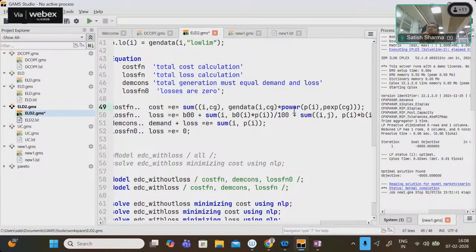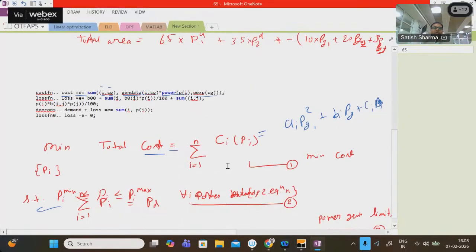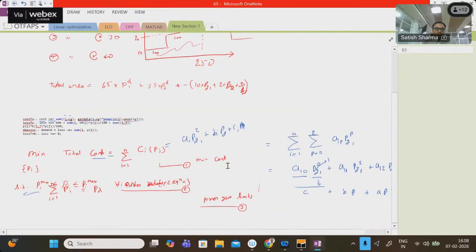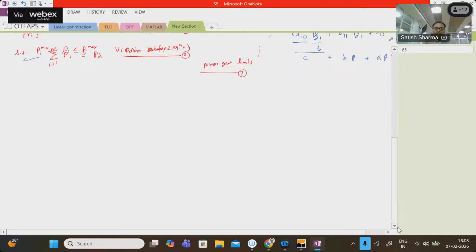There is a question: can B note in the loss coefficient be considered as emission? So B note was basically part of the function of losses: double summation of Bij, Pi, Pj, then single summation of Bi note, Pi, plus B note.